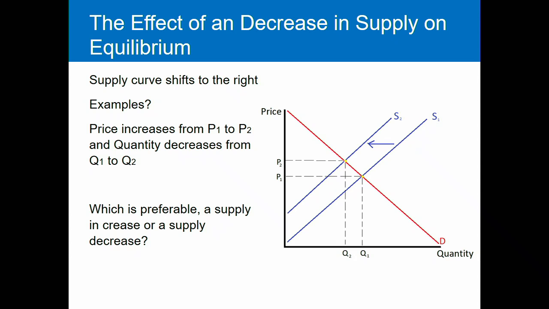For the consumer, you don't want the supply to decrease, because then the price is going to go up, but if you're selling, then with the supply decrease, profits are going to go up. Yeah, so definitely consumers are going to like a supply increase. Producers could go either way, depending on what quantity is going to maximize their profit.